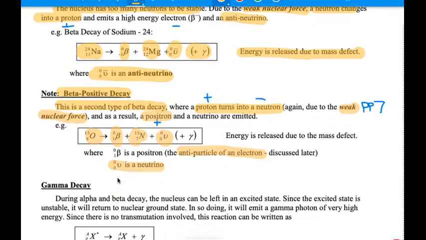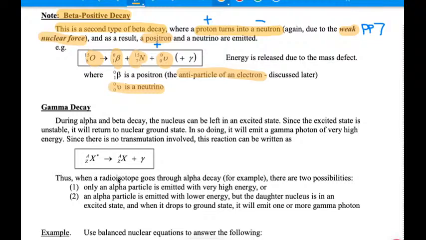All right, now on to our most dangerous form, our gamma decay. So gamma decay actually doesn't have anything changing from protons to neutrons or emitting particles with big masses like alpha particles, but it's actually a result of alpha and beta decay in certain situations.